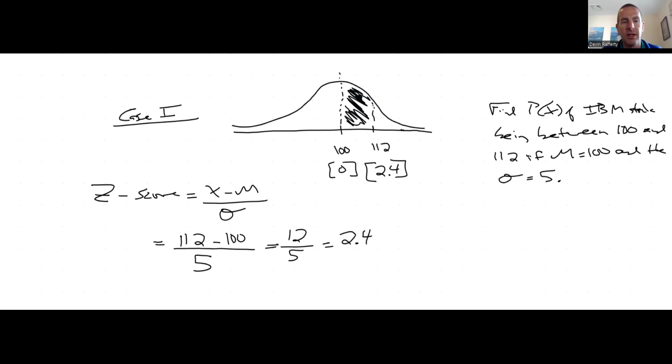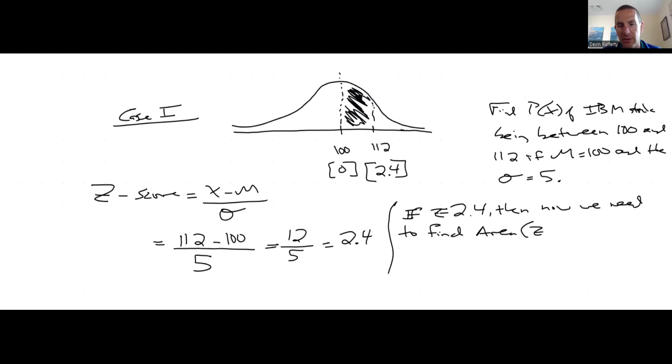So now that we've got our z-scores, we've converted to 0 and to 2.4. What's next? This would sort of be like step one. And then the next thing would be, if z equals 2.4, now we need to find the area associated with the z-score.